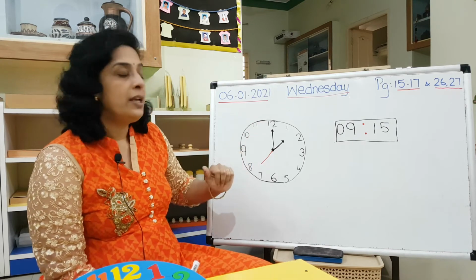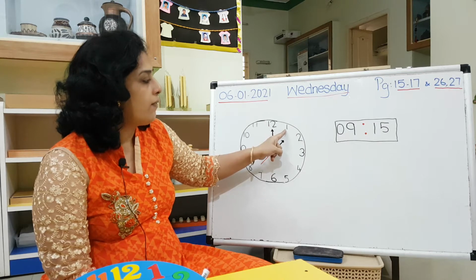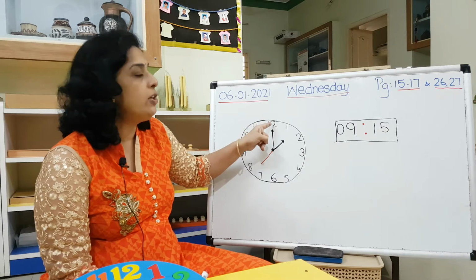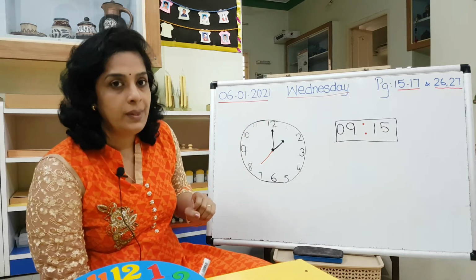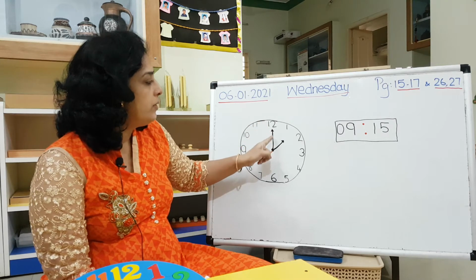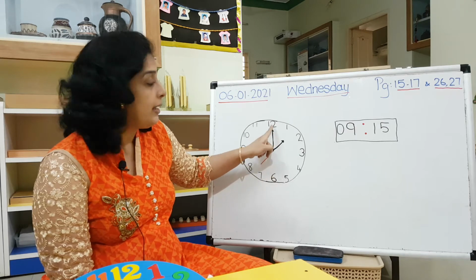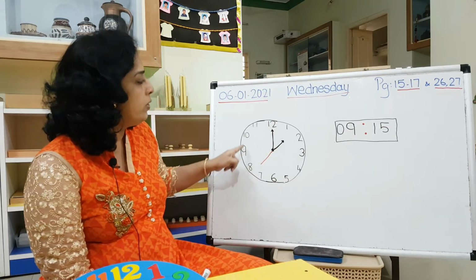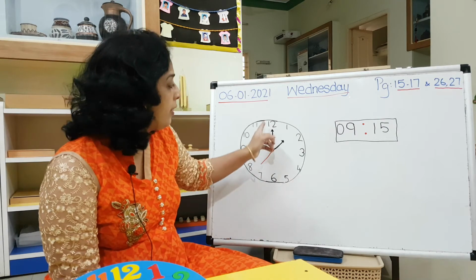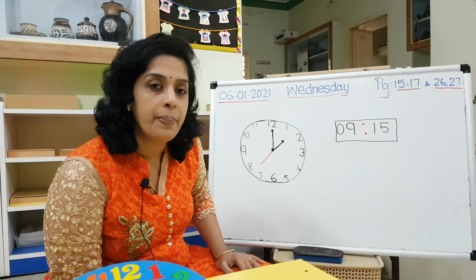Now, one thing you would have noticed in the clock is the numbers, they start from 1, 2, 3, 4, 5, 6, 7, 8, 9, 10 and 11, 12. Okay, only up to 12 it is there. Meaning this short hand, the small hand, the hour's hand, when it goes for one full spin, half a day is over.